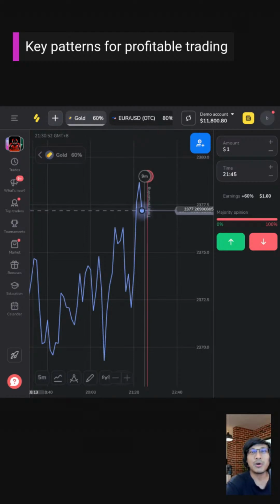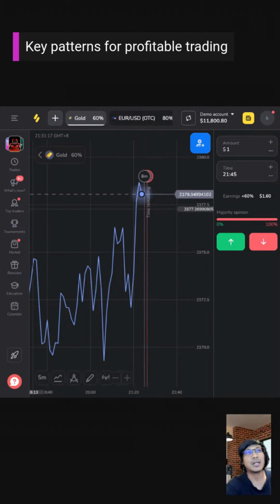They will more or less show you the same kind of patterns every time you are able to make a profit. And maybe you don't realize it, but when you make a prediction or trade in a specific direction, it is based off of a specific pattern.